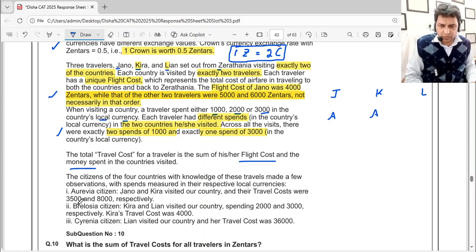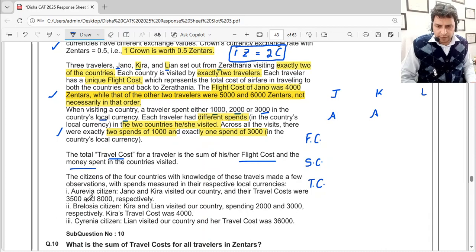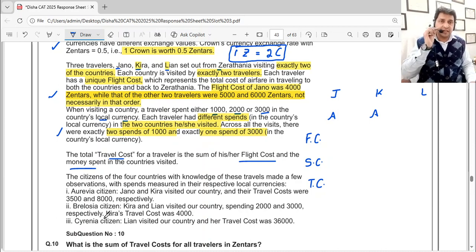and their travel costs were 3,500 and 8,000. Now travel cost is a total amount. So let's say this is the flight cost, this is the spending cost, and this is the total cost, that is the travel cost. Now this 3,500 and 8,000 is in which currency? That we don't know, but they have mentioned it.